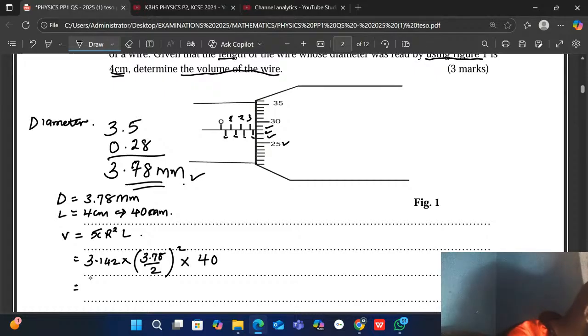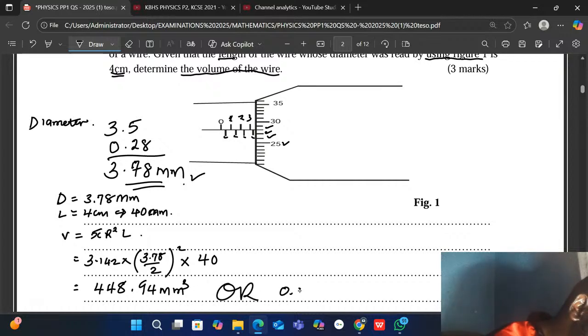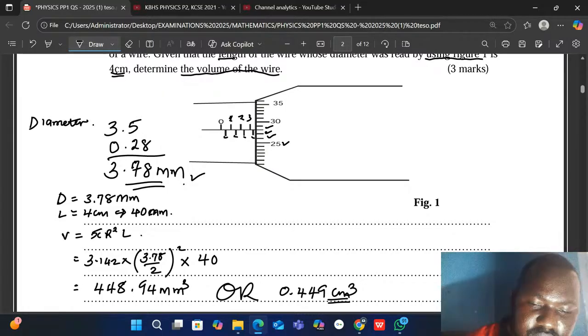So from the calculation, it will be 448.94 cubic millimeters. In case you want to give it in cubic centimeters, you can say 0.449 cubic centimeters.